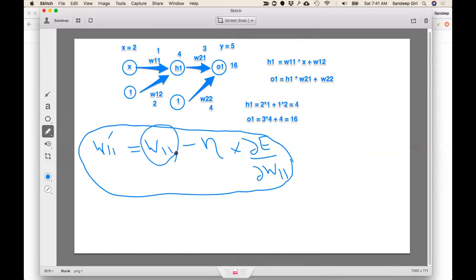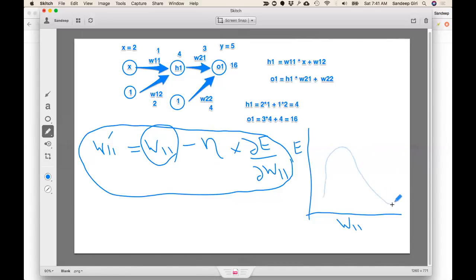So we observe how our error is dependent on our W. Imagine this is our error and it is dependent on W like this.